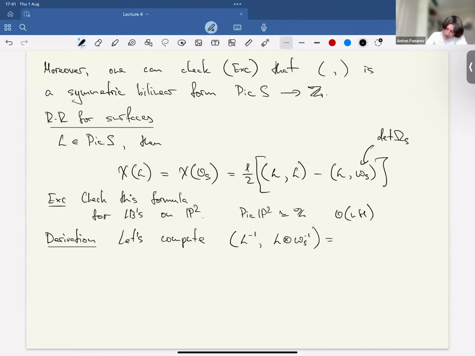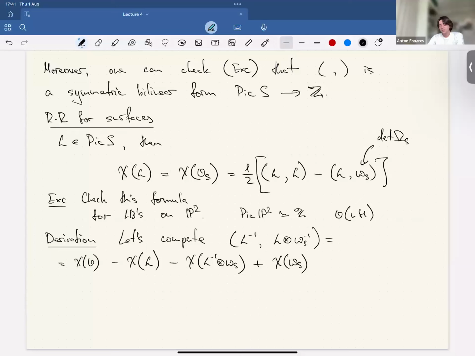So this thing equals chi of O. This is the term that appears in the formula, minus chi of the first argument inverse, but we already took L, so it's L inverse. What we get is chi of L minus chi of L inverse tensor omega S plus, and then we should multiply these two and take the negative, chi of omega S.